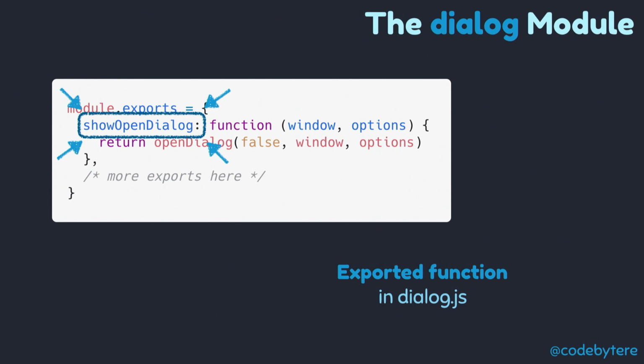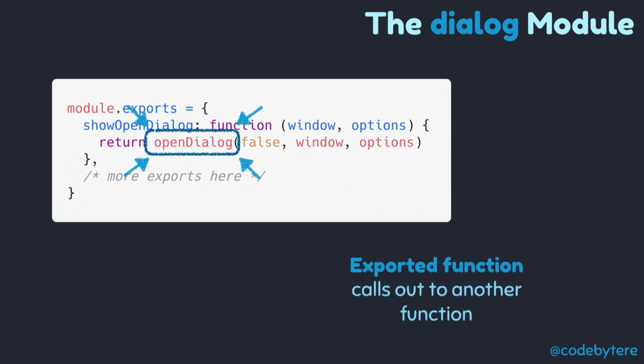Inside module.exports, we export the function that we've called on our original snippet, showOpenDialog. If we look at this exported implementation, we can see that it calls into another function called openDialog, and then passes along parameters alongside a new Boolean parameter, which determines whether or not we want to open this method asynchronously or synchronously.